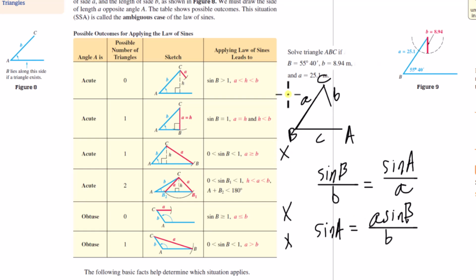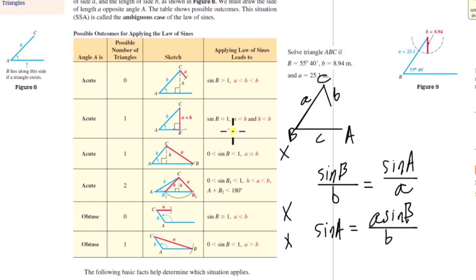All right. Now, what you can think about, though, is that for any of these side angle cases, when you do the law of sines, it's the same setup every time, right? You're going to end up with the sine of this angle on this side equal to something every time.